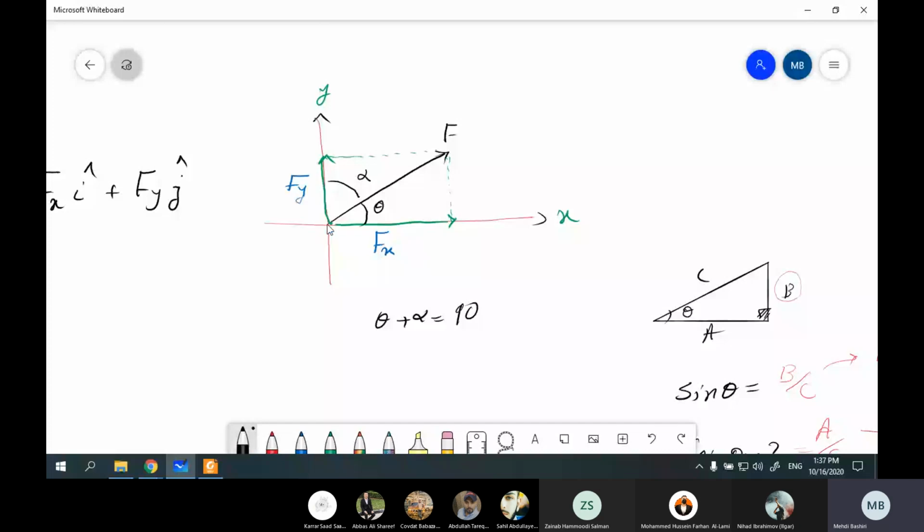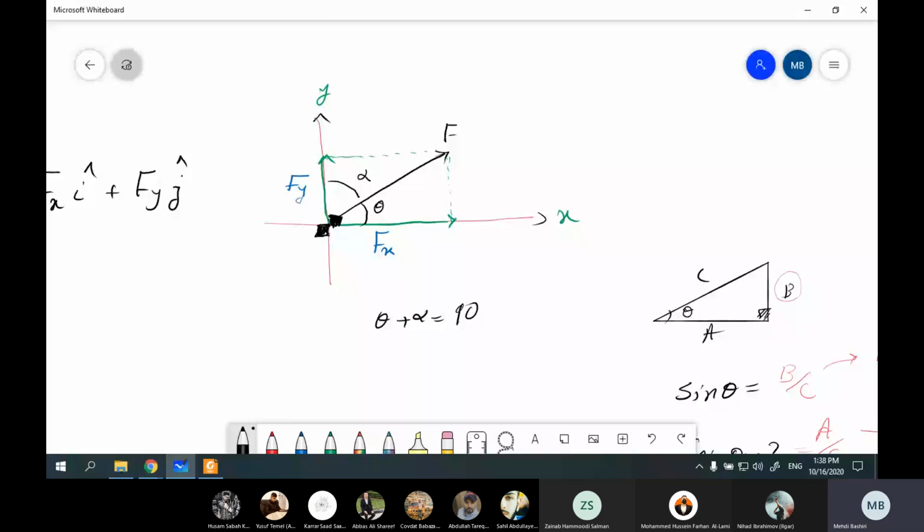You all know that in the coordinate system, we have a 90-degree angle here. This dashed line is parallel to this coordinate. This dashed line is parallel to this coordinate.